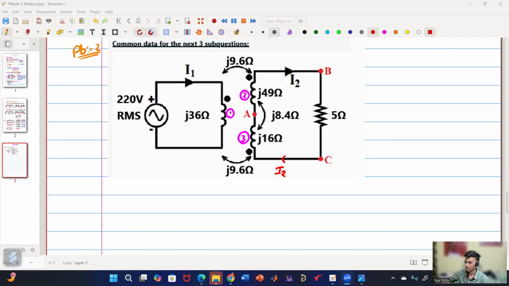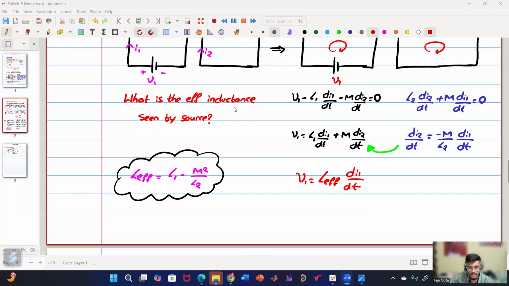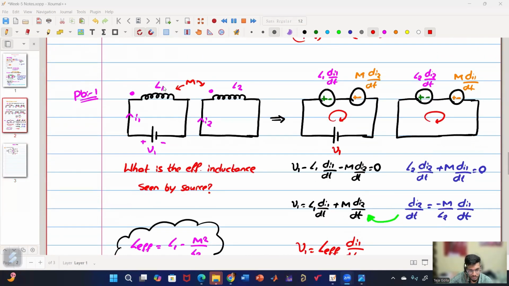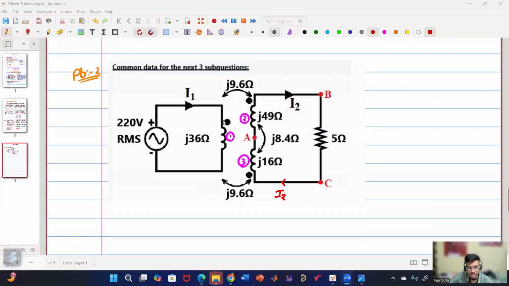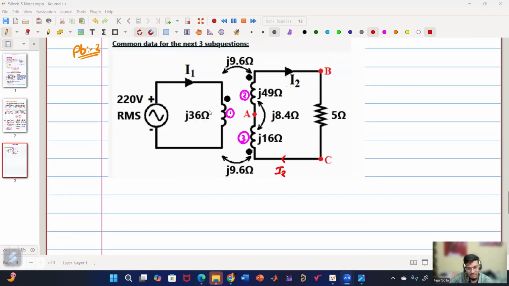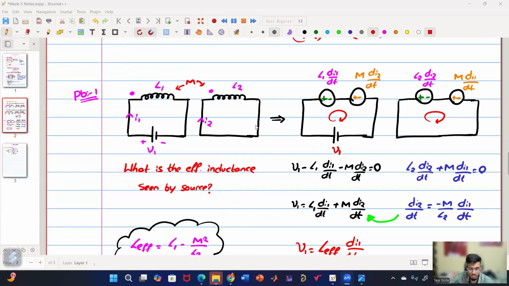Very good. So now if you see here, we have one term because of the self inductance and one because of the mutual inductance. But here there are two mutual inductances, because coil one is mutually coupled to coil two, and coil one is also mutually coupled to coil three. So basically we'll have three voltage sources for each coil instead of two.